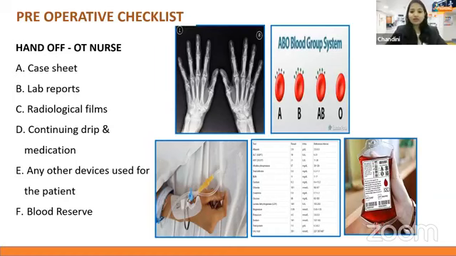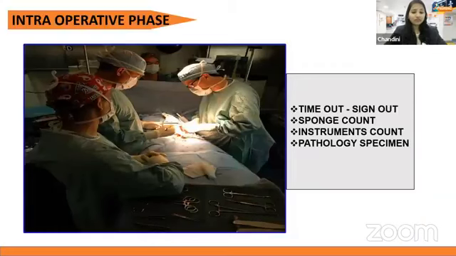So I would like to go further. This is all we have done in the pre-operative phase, so understand that the workup must be done properly for a safe experience in the intraoperative phase. The intraoperative phase begins as soon as the patient is wheeled to the OT.